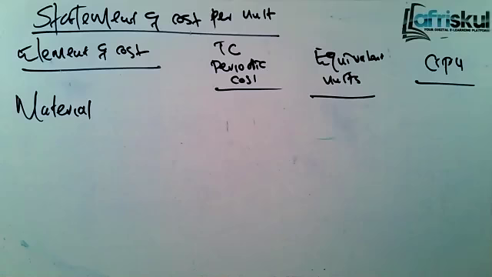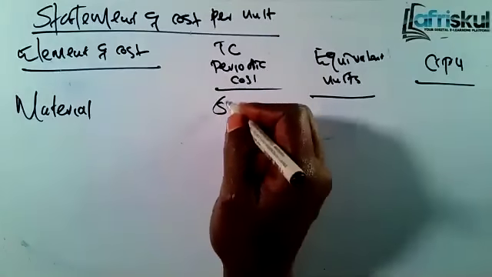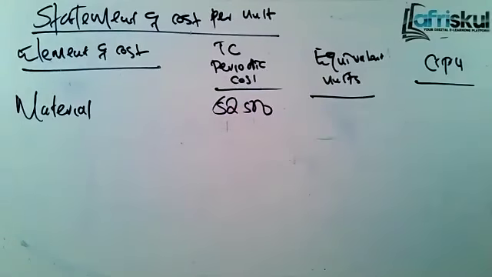We've been told transfers from process 1 were 15,000 units valued at 52,500. So that is the material that was input into the process in the current period, and the value was 52,500. Because we are using the FIFO method, we will not bother about the opening WIP cost.